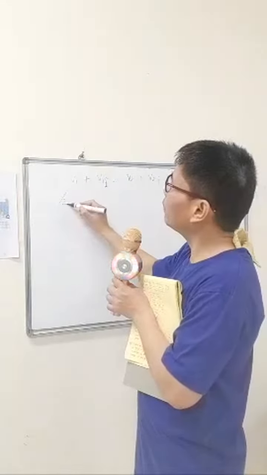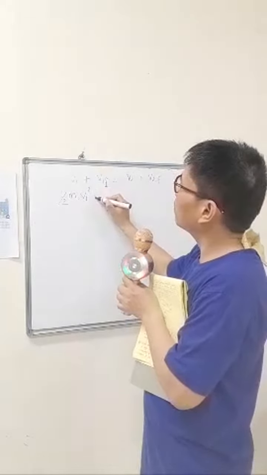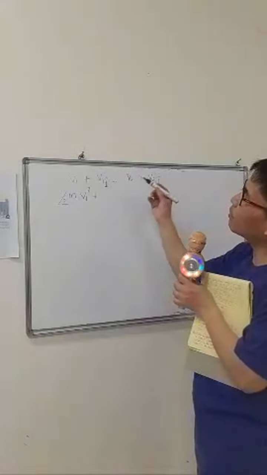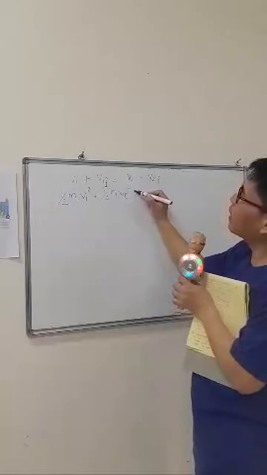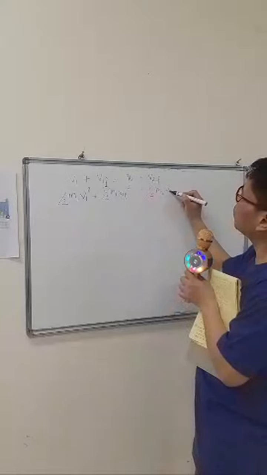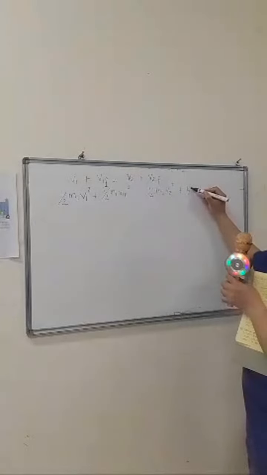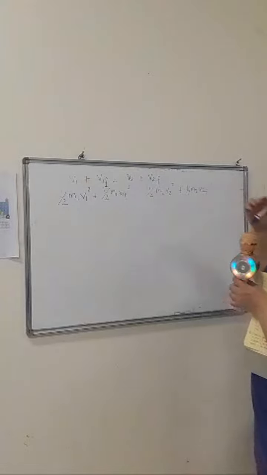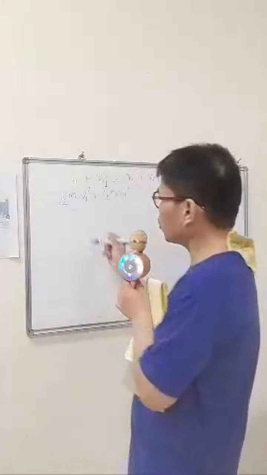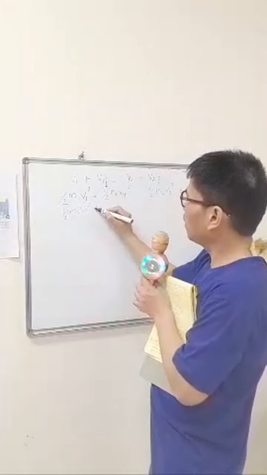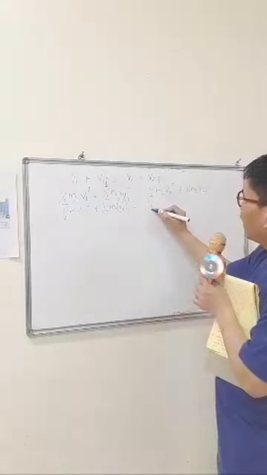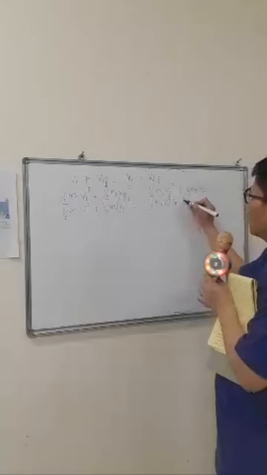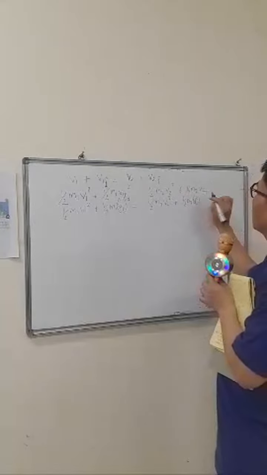So kinetic energy is 1/2 m1 v1 raised to the power 2 plus 1/2 m1 v1f raised to the power 2, equals 1/2 m2 v2 raised to the power 2 plus 1/2 m2 v2f raised to the power 2. If you don't want that, use the apostrophe: 1/2 m1 v1 squared plus 1/2 m1 v1 apostrophe squared equals 1/2 m2 v2 squared plus 1/2 m2 v2 apostrophe squared.